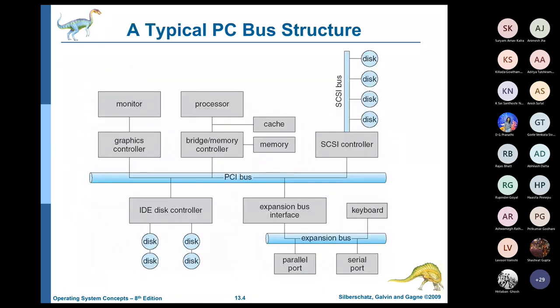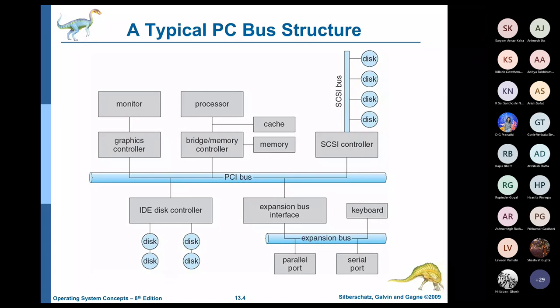Now, a typical PC bus structure, say a PCI bus, is a very common shared bus on modern PCs. Nowadays, PCI Express and other fast buses have come in, which are improvements over them. There can be other buses also.